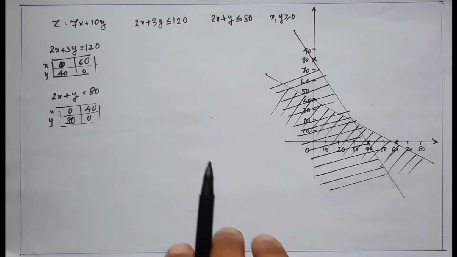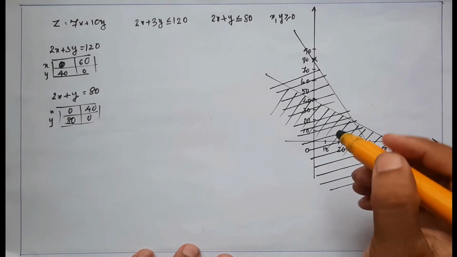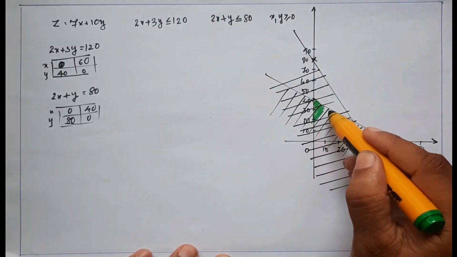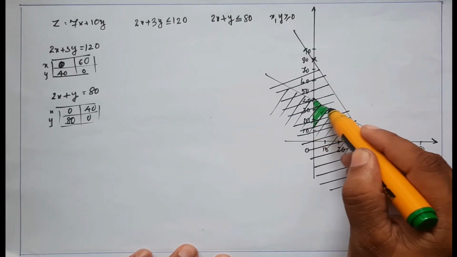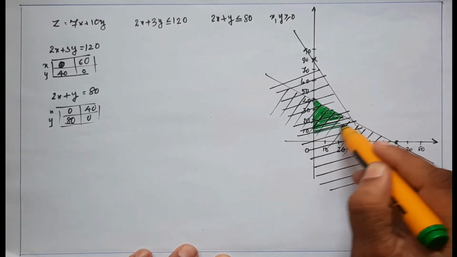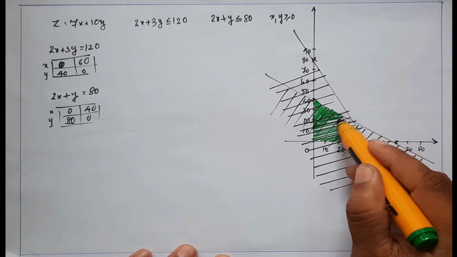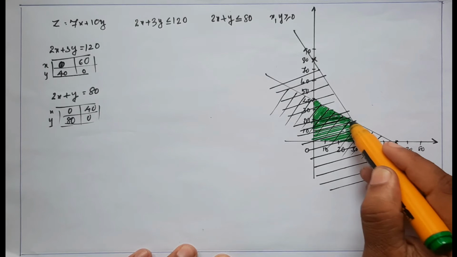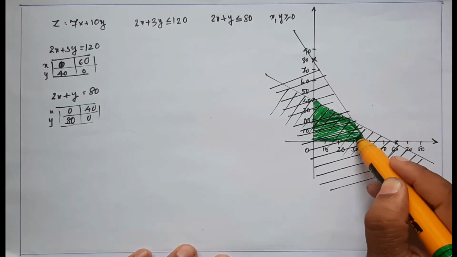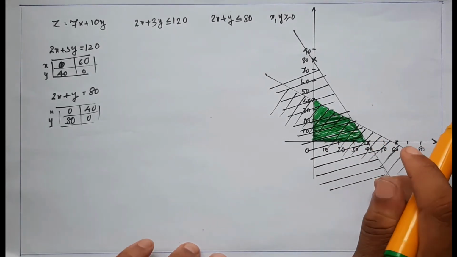Here x comma y is greater than or equal to 0 means in the first quadrant, the common shaded region, that means this region is the common feasible region.